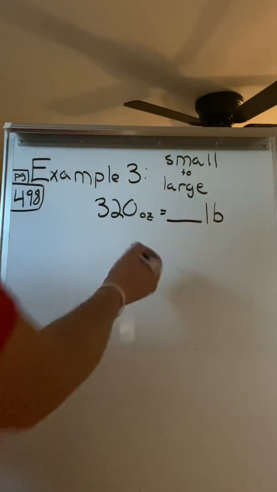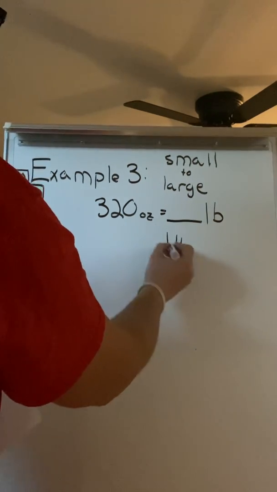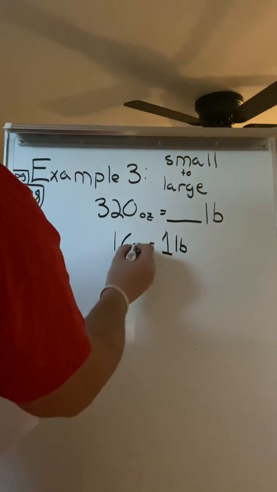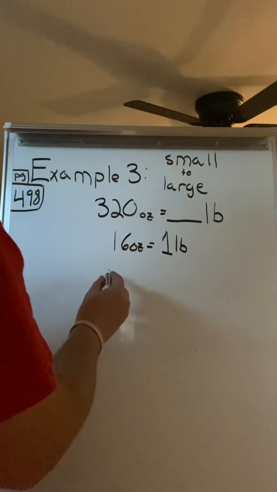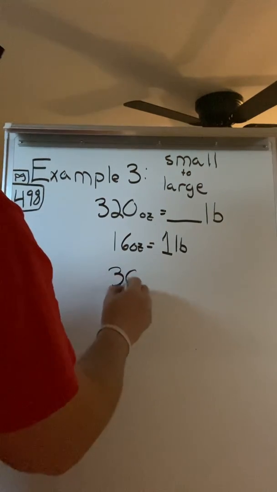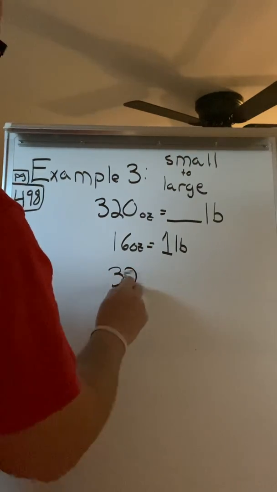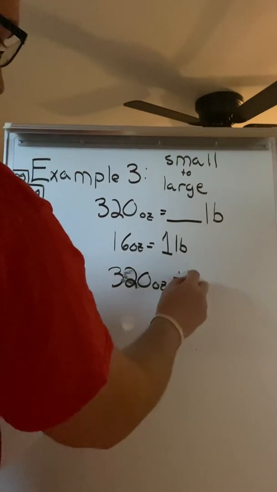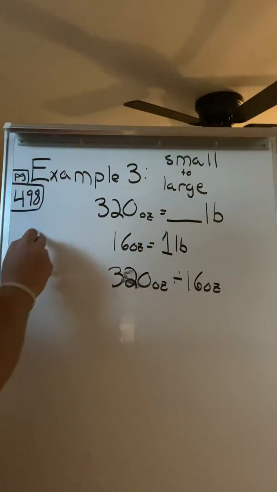So I know that in 1 pound, we have 16 ounces. So to solve this, I have to take 320 ounces divided by 16 ounces. And when I do that division, it will look like this.